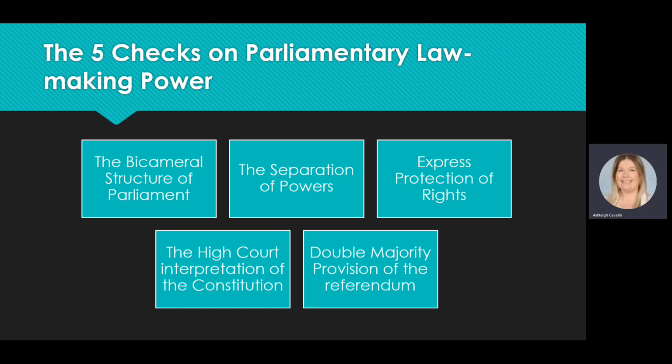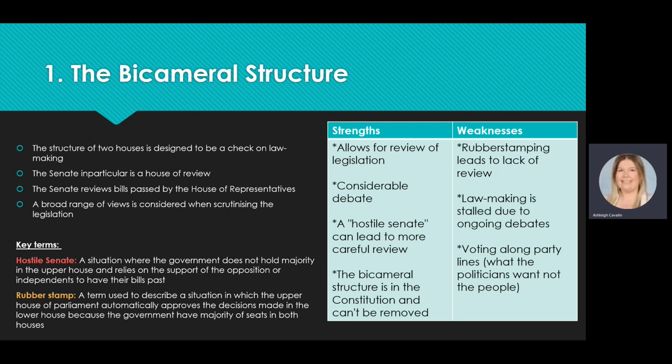These are the bicameral structure of Parliament, the separation of powers, the express protection of rights, the High Court and their use of interpretation, and having double majority referendums. All of these in their own right check, restrict, limit, or protect parliamentary lawmaking power. Let's look carefully at the bicameral structure.